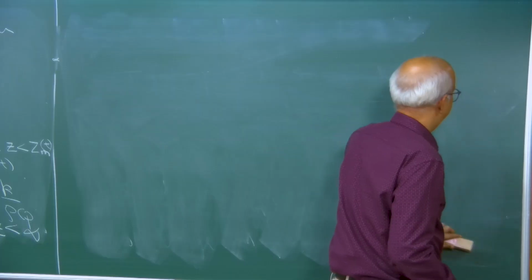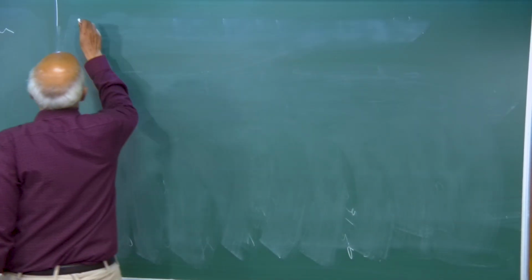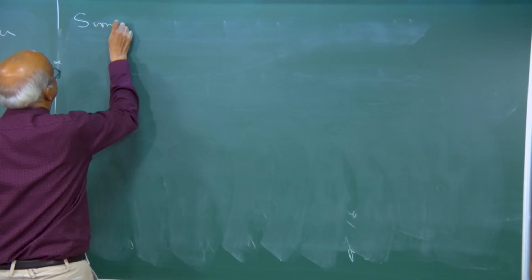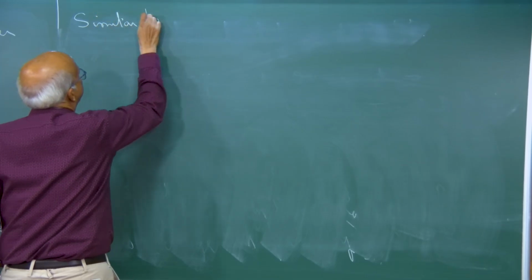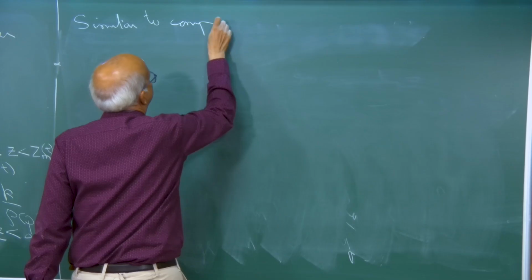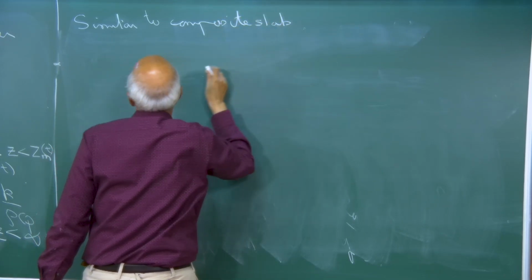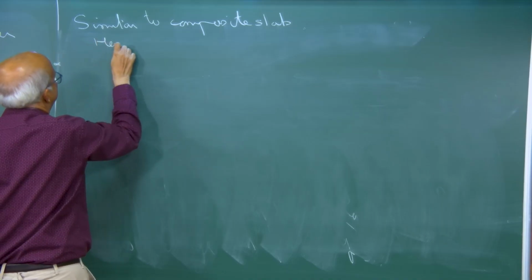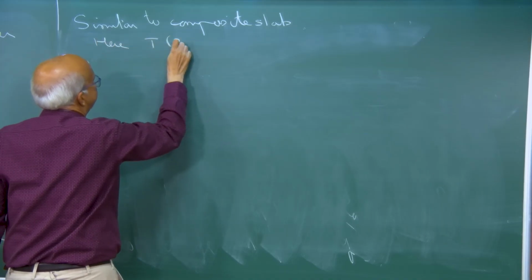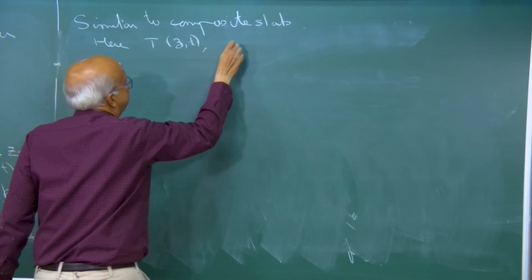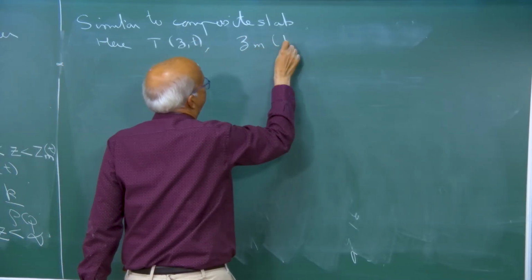So, similar to the composite slab, but here temperature is a function of z and t, and zm is a function of t.